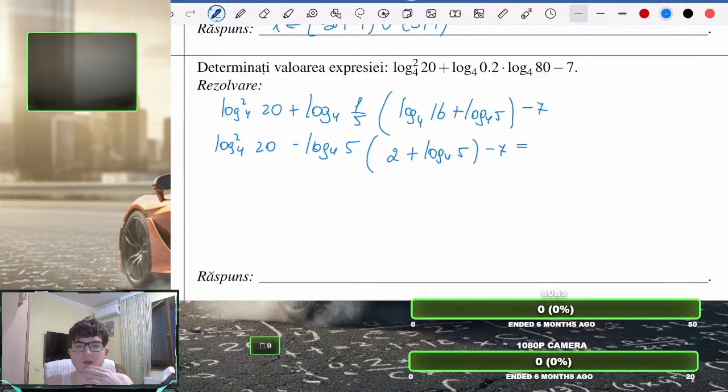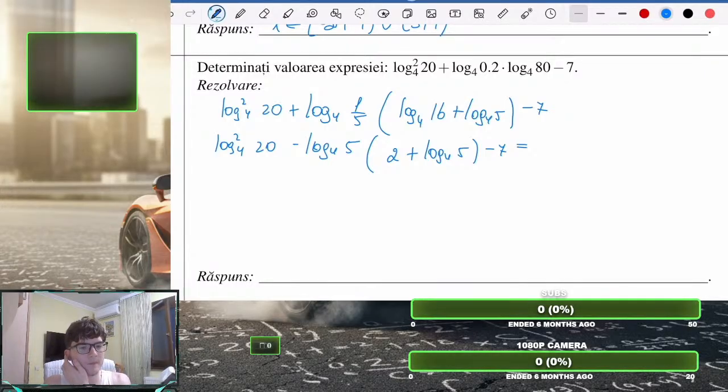And right there, the LOG for 16 is just 2, because LOG base 4, 16 can be written out as 4 to the power of 2. LOG base 4 and 4 go away and you have left the 2. So 2 plus that, and LOG for 5, which we have already, so we can simplify and so on.